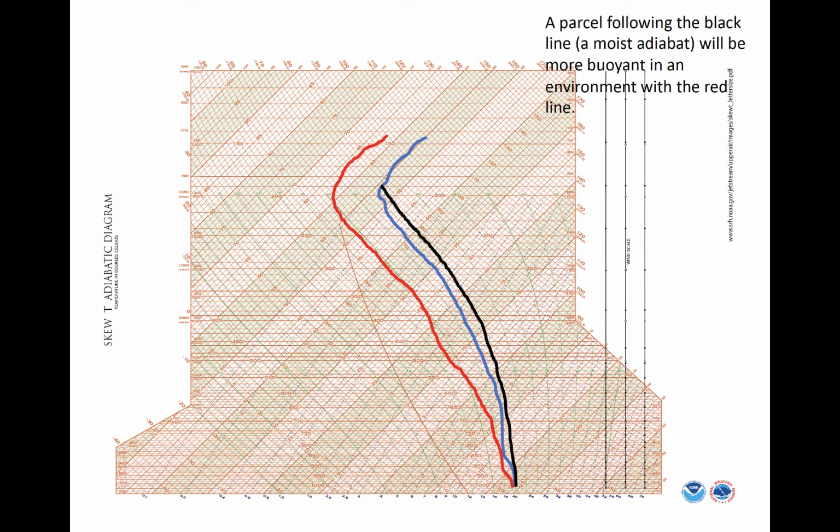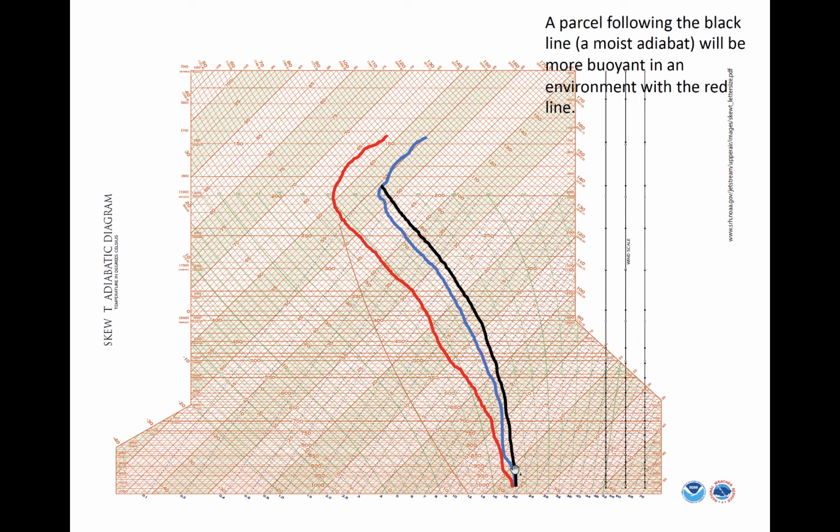Finally, suppose a parcel rises out of the boundary layer. A typical LCL, or lifting condensation level, over the West Pacific is about 950 millibars. And above that, the parcel rises moist adiabatically along the black line, which starts near the surface with a similar temperature as the red and the blue lines.